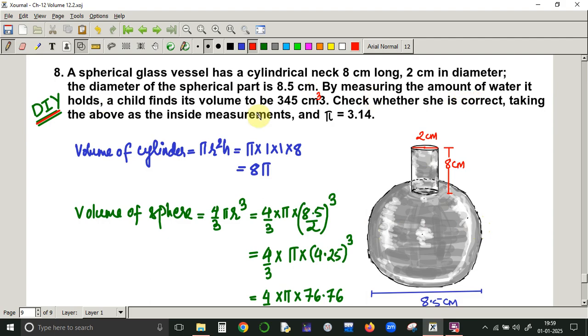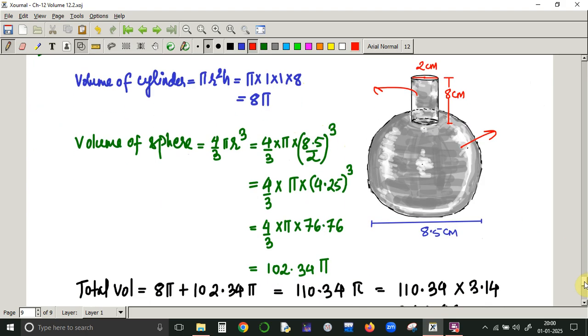Okay, taking the above as the inside measurement, and pi is this. So the answer is already calculated by some student. We have to check whether he or she had done the correct calculation or not. How to get the volume of such a type of solid? We will find the volume of the cylindrical part, we will find the volume of the spherical part, add them.